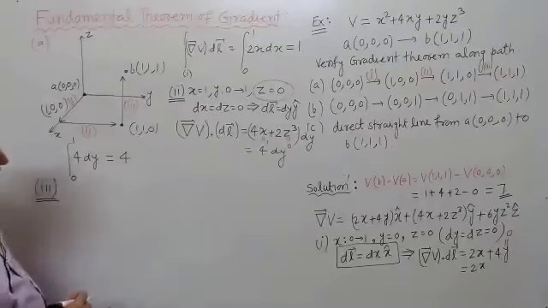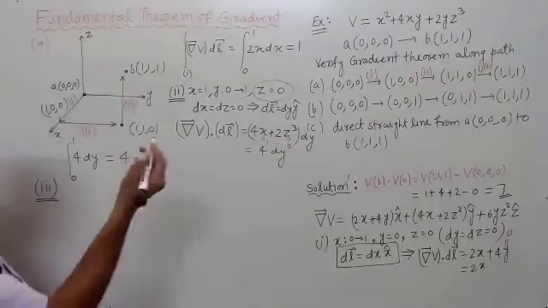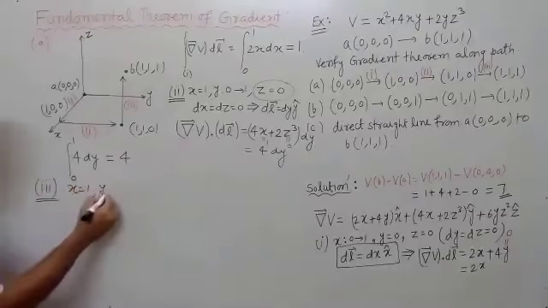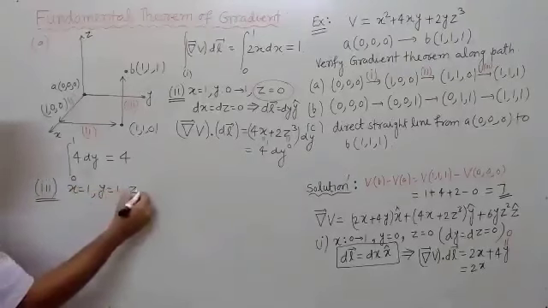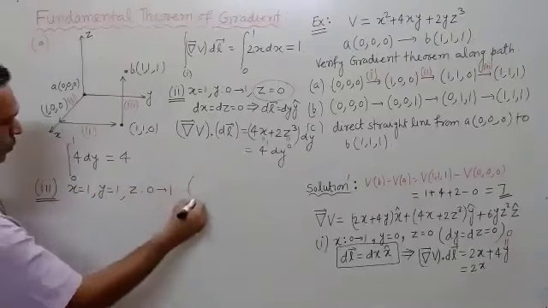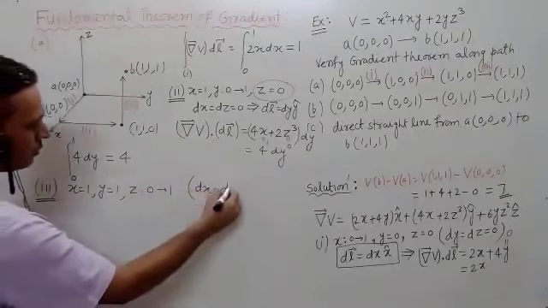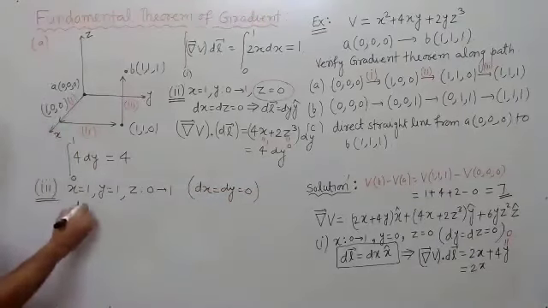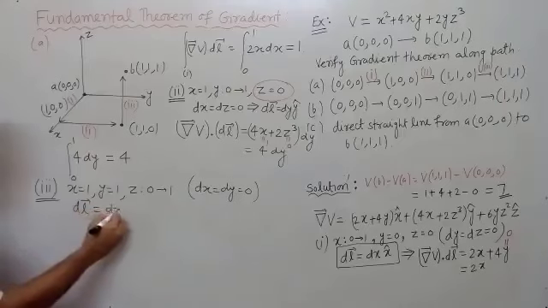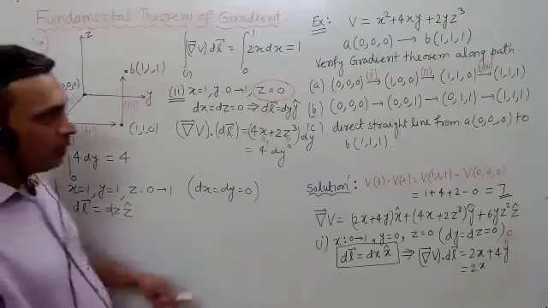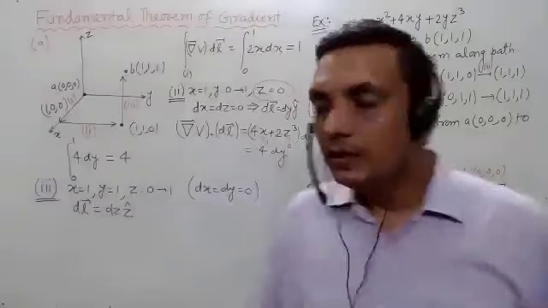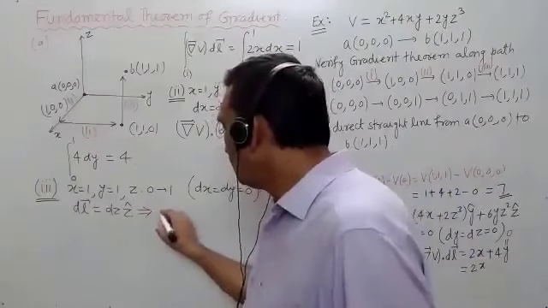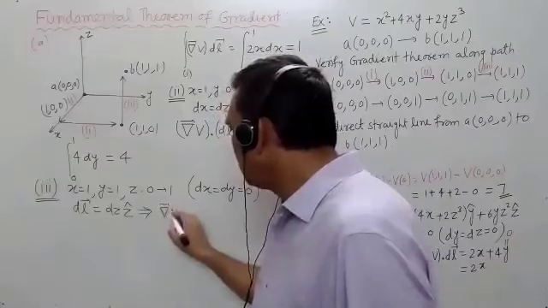So segment 3, you have x is 1, y is 1, and z varies from 0 to 1. So in this case, dx, dy will be 0. So dl is dz z cap. So what will be gradient v dot dl?